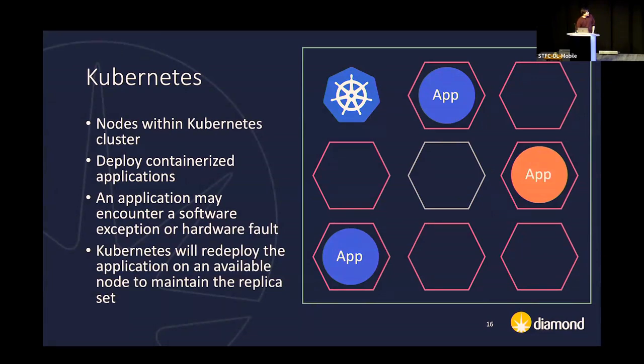So when you deploy these applications in what Kubernetes calls pods, you set a replica set size for the pod. So you can say for this blue application, I always want 2 running, and for the orange, I always want 1 running. And if it has the resources, it will manage that.